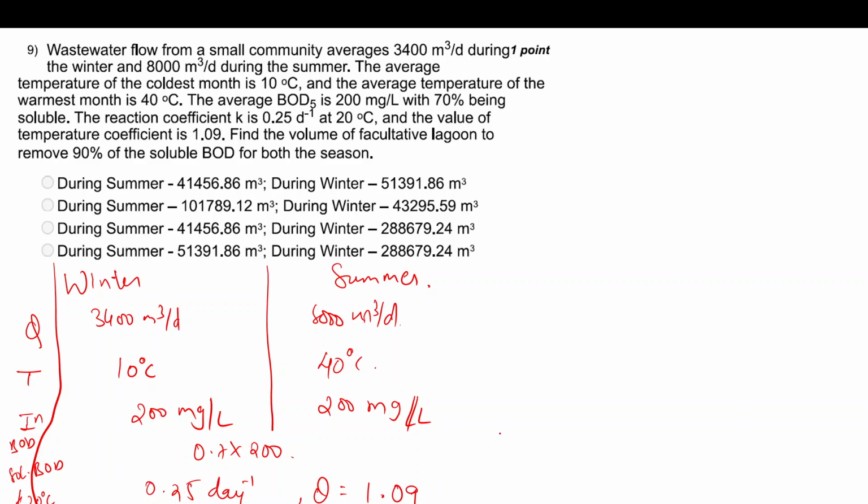Find the volume of facultative lagoon to remove 90% of soluble BOD. To calculate this, first find the amount of soluble BOD present, and you need to remove 90% of that. So whatever amount of BOD is left will be 10% of the soluble BOD.